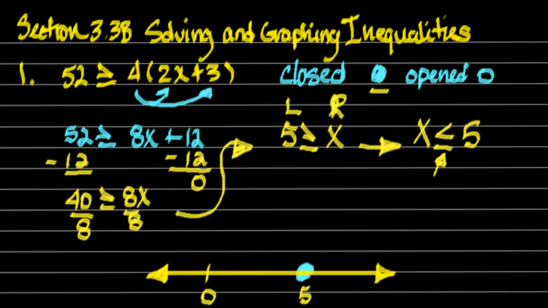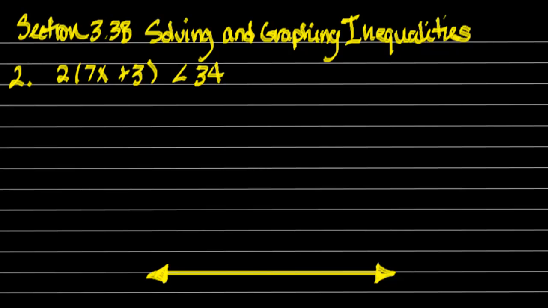So that is closed, and we go that way. So that's problem number 1. This is the simplification of the inequality right here, and this is the graph that belongs to that statement. Okay, now we're ready to start number 2.